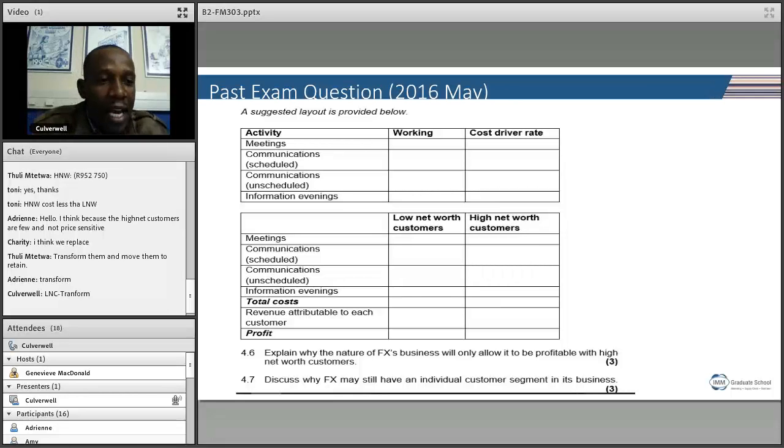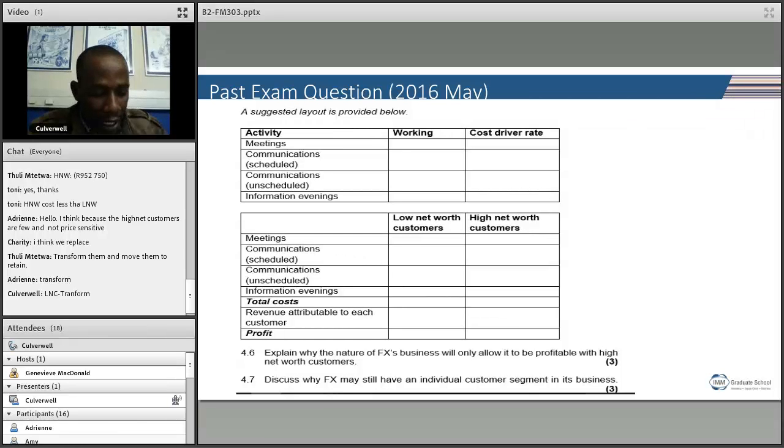That's right, Adrian. Your low net worth customers are going to fall on your transform. The reason being, we are targeting them, but we are making losses from them.